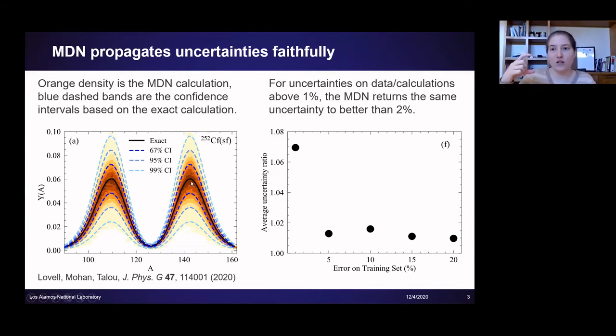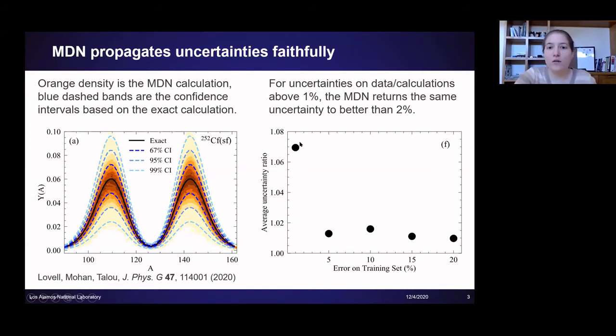We assume there's an uncertainty around it, so we sample this uncertainty and construct our training set of these samples around a mean value, put this into our mixture density network, turn the crank, and then see what the predicted uncertainty is. What I'm showing here is that almost independent of the uncertainty that we put onto our sort of fake data, in this case, we get out almost that exact same uncertainty, whether we're looking at 5% uncertainty or 20% uncertainty. We get within 2% of the uncertainty that we put into our calculations.